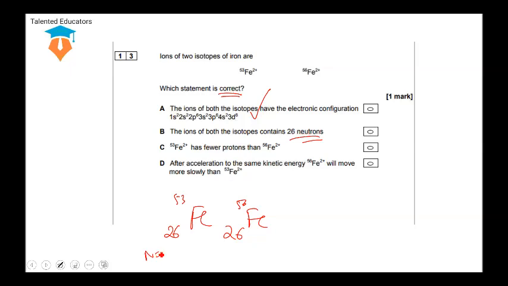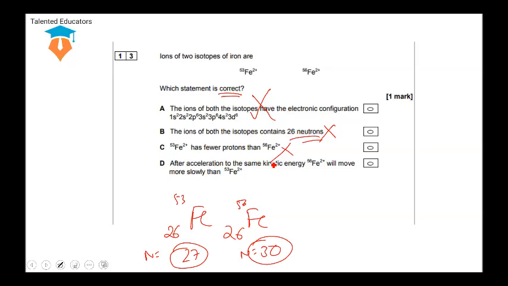This one contains 27 neutrons and this one contains 30. Obviously they're different, they're not the same, so we know this is also wrong. This is wrong. Fe53 has fewer protons than that. We know protons don't change in an isotope because the definition is same number of protons but different number of neutrons, so we know that's incorrect.